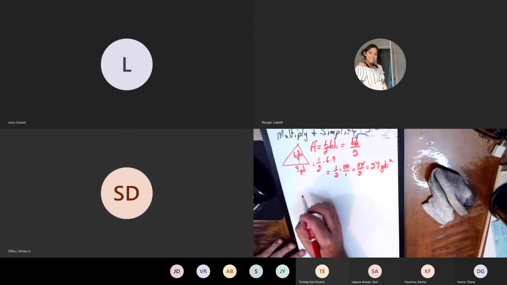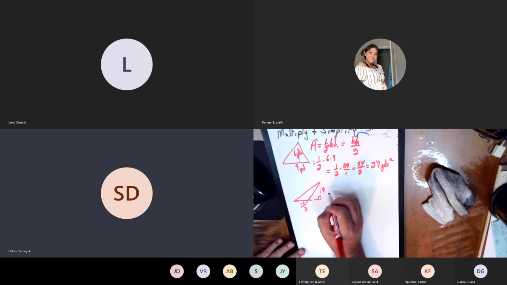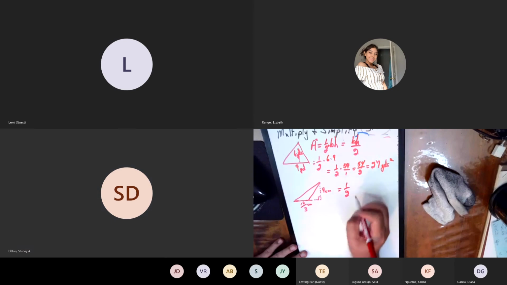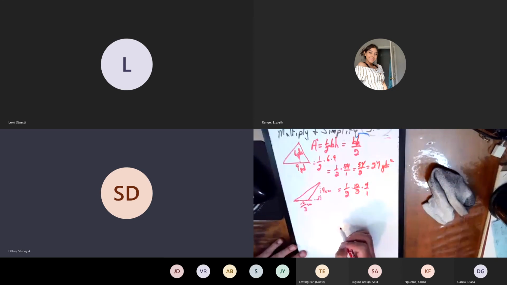Now let's do some with some actual fractions in it. We got ourselves just this ugly triangle. This is 10/3 inches, and the height is going to be 4, I'll make it centimeters, 4 centimeters. So the formula is 1/2 base 10/3 times height, which is 4 over 1.